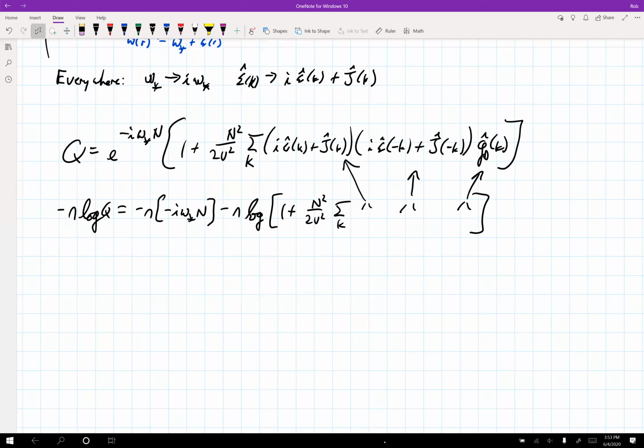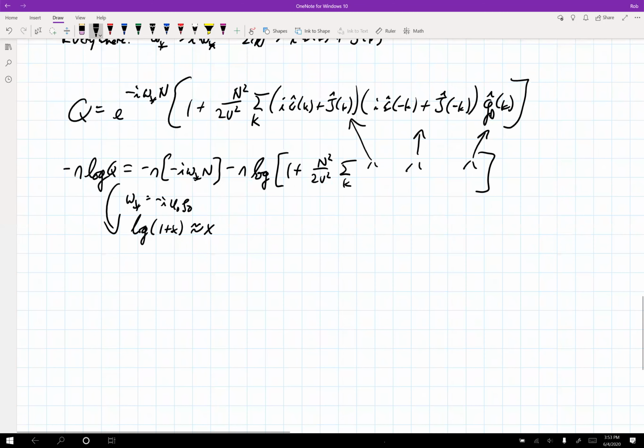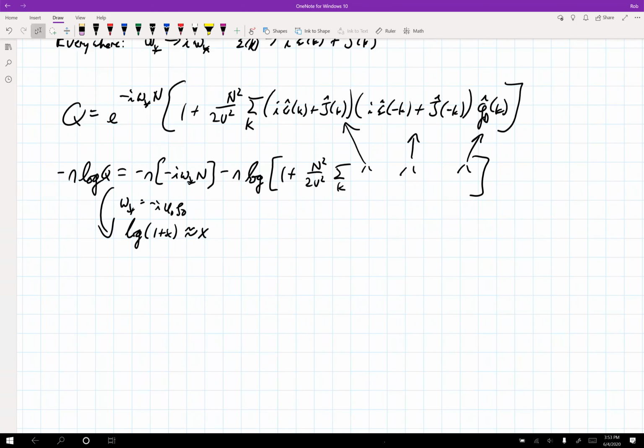Then two things that we're going to do when we go to the next line is that we're going to plug in for W star, so this is minus I U naught rho naught. And then we're going to use the fact that log of 1 plus x is roughly equal to x if x is small, so we use that Taylor series expansion. And so then we get that minus n log q, this term becomes, let me see.